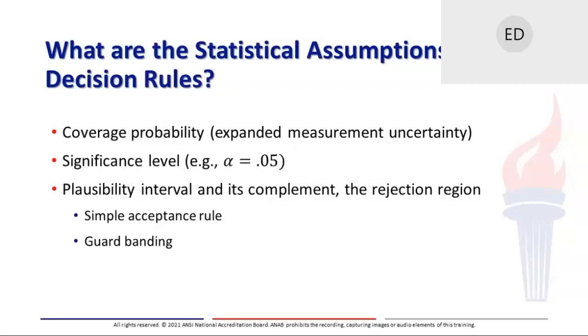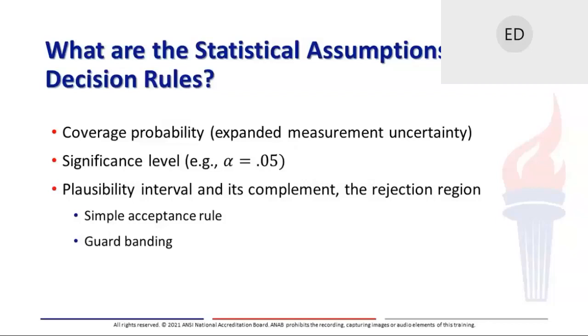So conformity statements are specific to those measurements that you're making where you have a measurement uncertainty, and you're basically letting your customer know how you're applying that decision rule to the measurement result to make a statement to say whether or not the measurement result is within or not within tolerance, that it meets a stated specification or it doesn't meet the stated specification, or whether it passes or it fails.